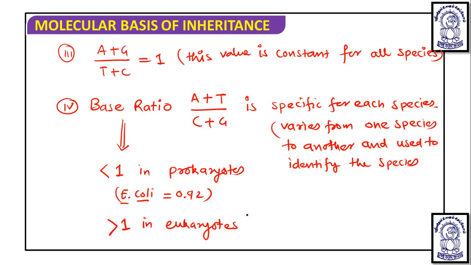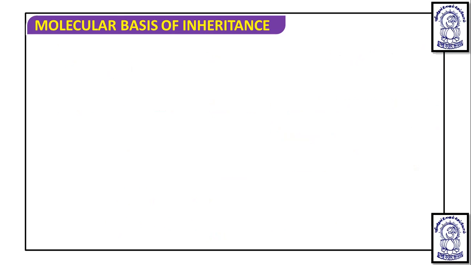If we take the example, humans have 1.52. Okay, so this is the base ratio, and the purine pyrimidine ratio is 1, but the base ratio is variable from species to species. That is shown by Erwin Chargaff.